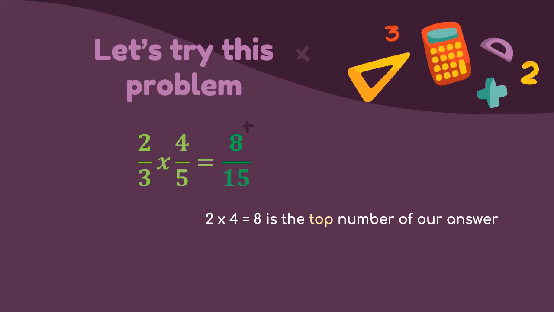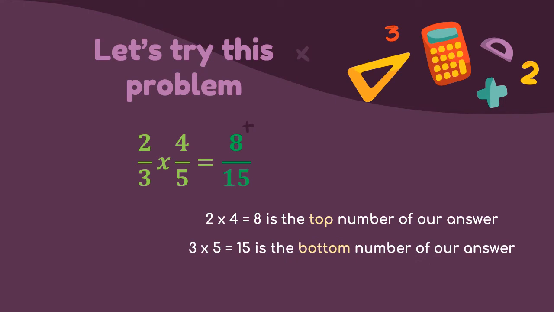So 8 is the top number of our answer. Now, we multiply the bottom numbers. 3 times 5 is equal to 15. So 15 is the bottom number of our answer. There we have it. 2 over 3 times 4 over 5 equals 8 over 15.